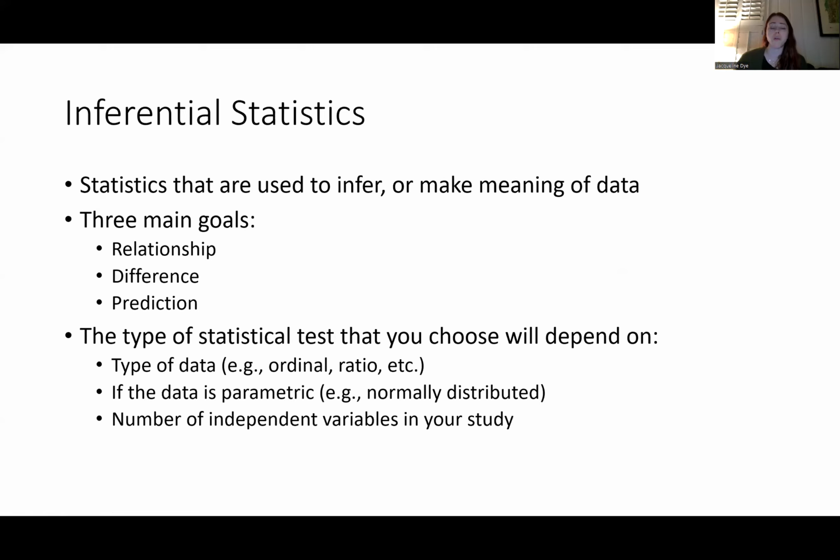And I uploaded a really nifty flowchart to the module for this week that goes through, you just answer questions about your research goals, how many independent variables you have, whether your data is parametric, I believe it also covers as well. And then it spits out at the end a test that you can use for your statistics.